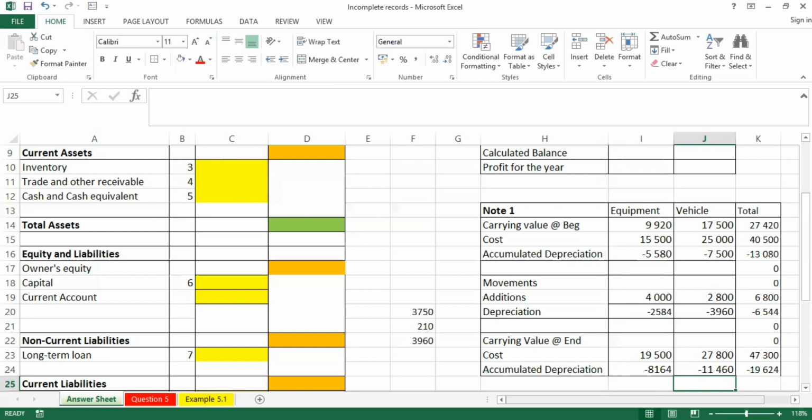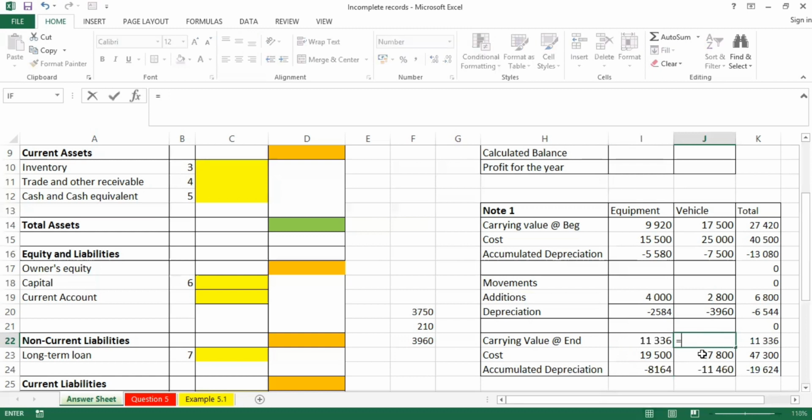And then now the next step, we have to get what? We have to get our carrying value at the end. So in order to get our carrying value, we have to say cost minus accumulated depreciation, which is equal to 19,000 minus 8164. Same thing here.